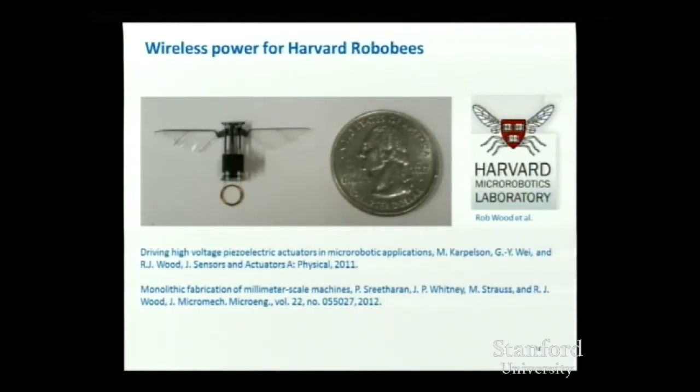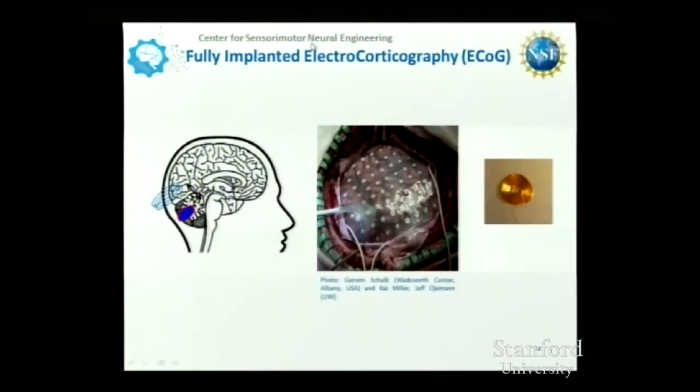So we're trying to wirelessly power this. At first it'll just be a simple system where we have a series of transmit coils. The bee always flies up, and it'll just fly parallel to those. Obviously long term you need some sort of far field system if you want the bee to be able to go long distances. But our next step is just to show that this can be done using the near field approach.